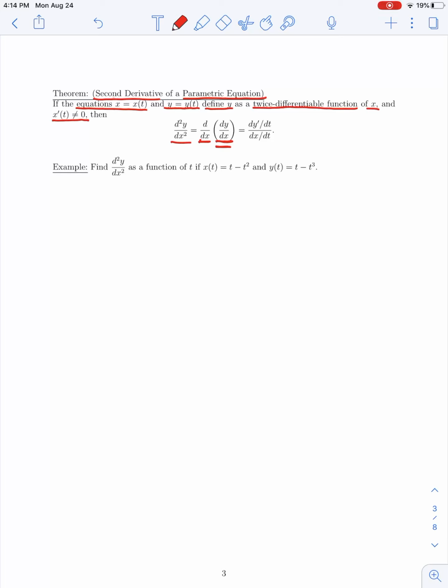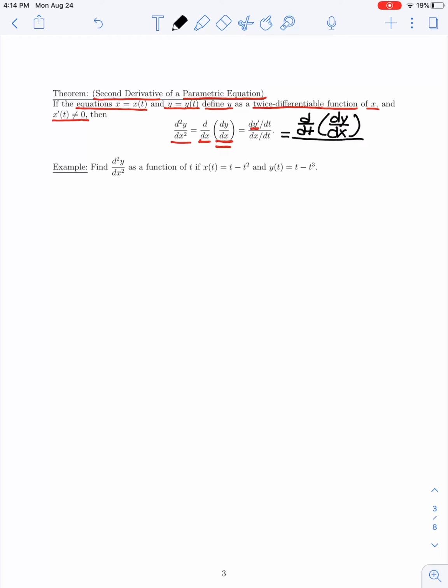So we take the same formula that we had in our previous theorem, but we replace y by the derivative of y, that is y prime, or really, to be a bit more precise here, our numerator is found by taking the derivative of our first derivative, dy/dx, but with respect to t.